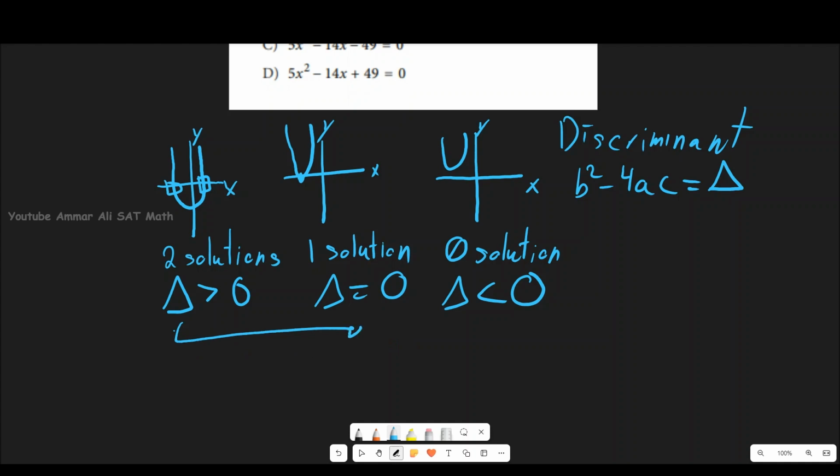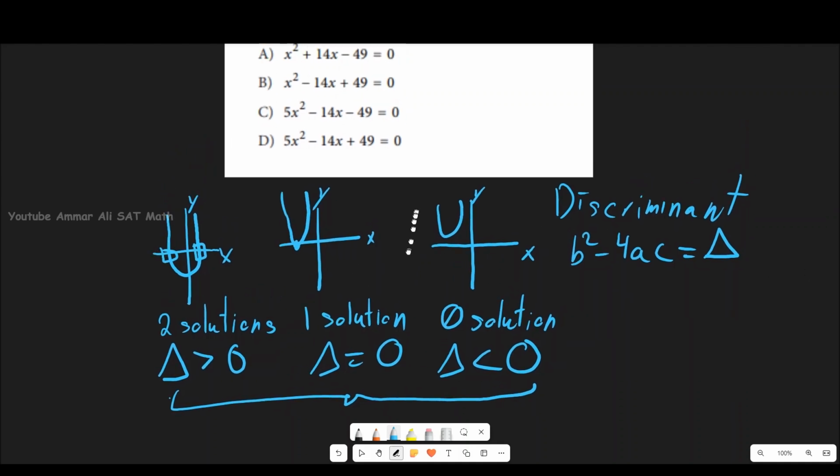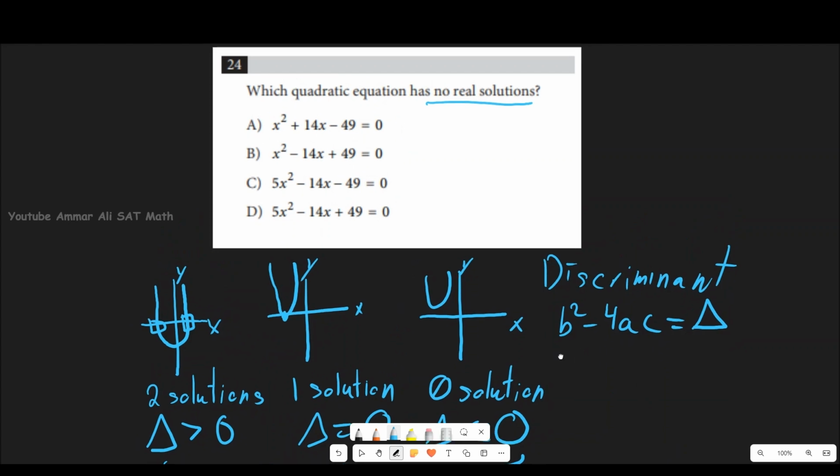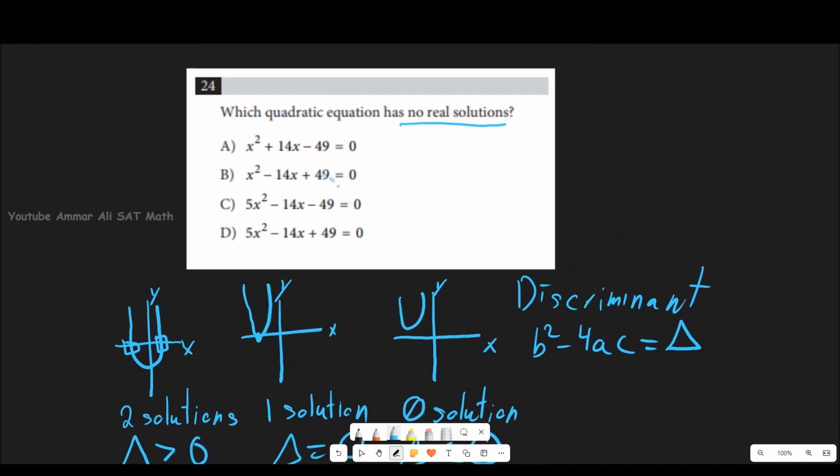So now we need to solve by plugging our different options into this equation. We need to figure out which of these options, when we plug into b squared minus 4ac, will be less than 0.